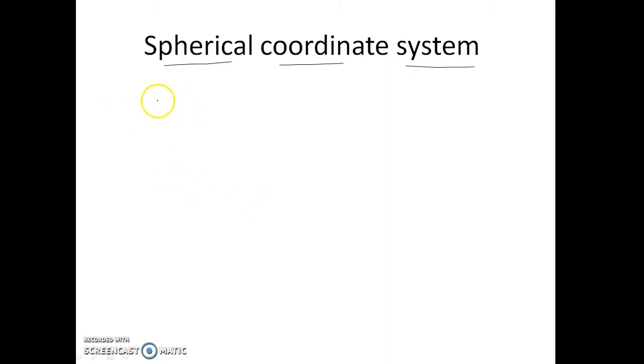In a spherical coordinate system, a point P is given by, the position vector of point P is given by three coordinates, which are r, theta and phi. So this is the point P.